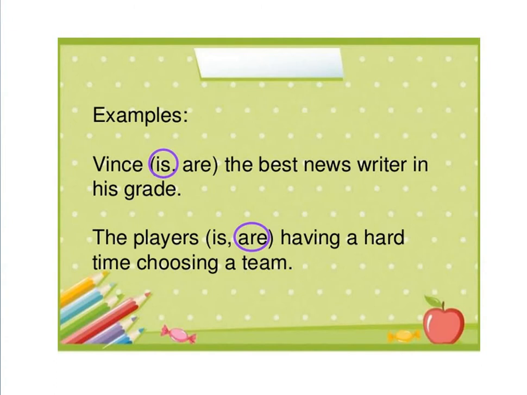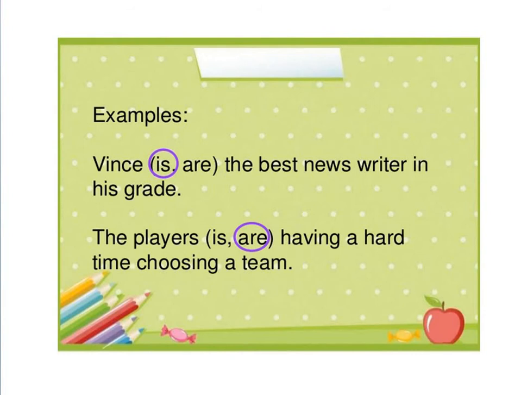Now the second sentence is, the players are having a hard time choosing a team. By the words the players, we get that the subject is plural, so we are supposed to write the plural verb, that is are. We are not supposed to say, the players is having a hard time choosing a team.